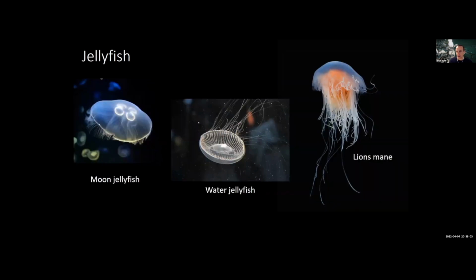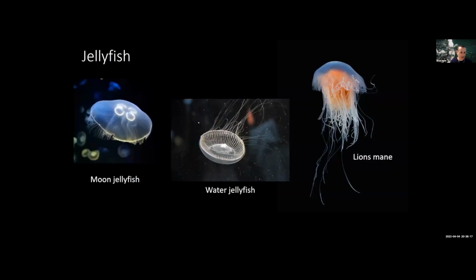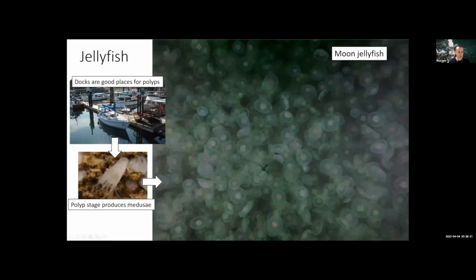All right, then we have our jellyfish species. The common ones are the moon jellies, water jellies, and the lion's mane. Jellyfish are quite interesting. One of the things we discovered is that Aurelia in particular, the moon jellies, quite like docks. The polyps like to grow on the undersurface of structures, so they do particularly well around docks, and you can find enormous blooms.